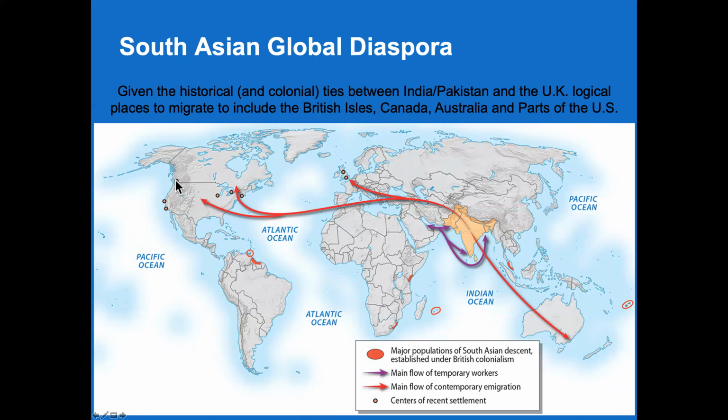And then you find them in places like Vancouver, Seattle, San Francisco, Los Angeles, Chicago, New York City. So very specific areas for them to migrate to, as far as their expression outside of what we would call South Asia.